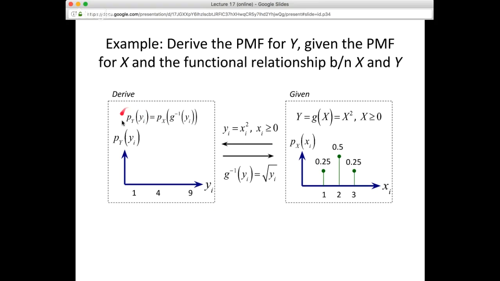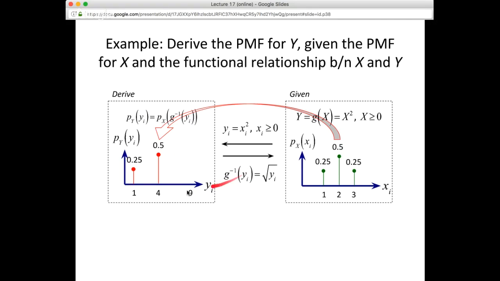We set the probability that y is equal to 1, for example, equal to the probability of x equal to the square root of 1, which of course is just 1. And so that means we can map the probability here of 0.25 over to this position in yi space. And likewise, we can do the same thing here.